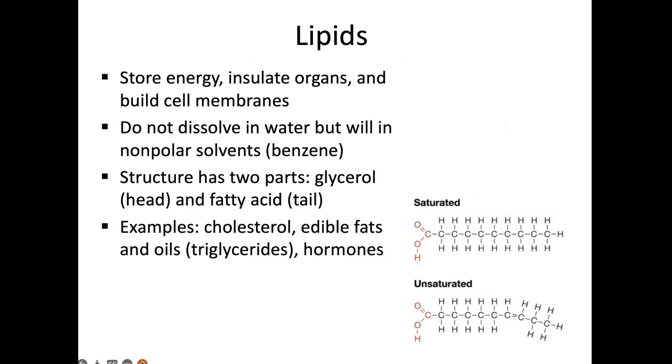Lipids, you can see a little bit more complicated structure here with lipids, and that's why they have so much more energy. Now, typically our lipids look like a letter E. So we have a glycerol background that looks like this, and then fatty acid tails joined to this letter E, which is why sometimes our fatty acids are called triglycerides.